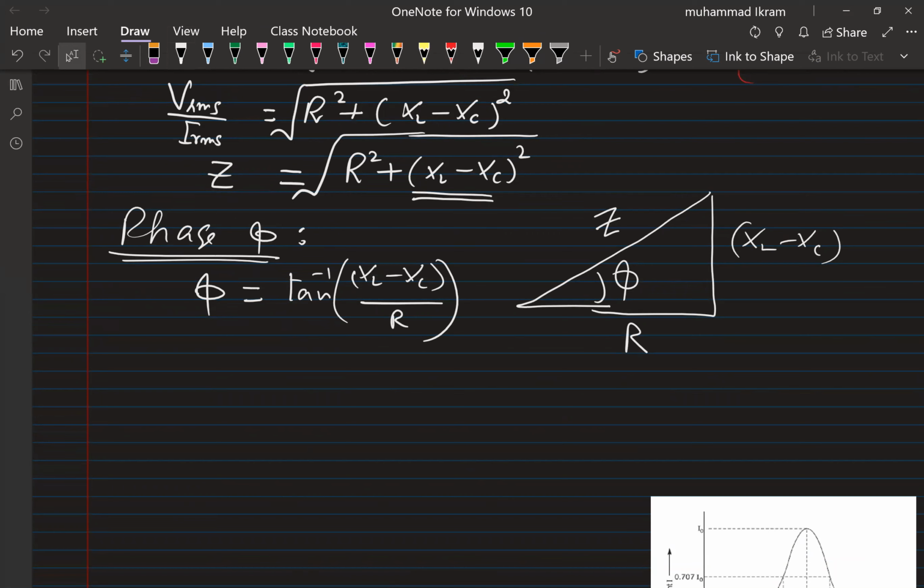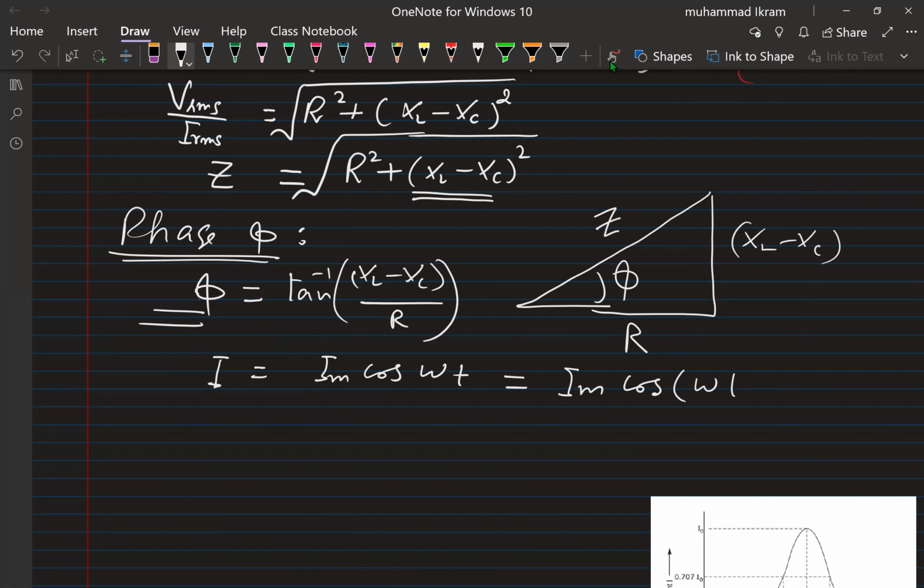If the current is represented by the cosine function, then the current in the circuit will be very simple: I = Im cos omega t. And in terms of this phase angle, the total current that flows in the circuit will be Im cos(omega t plus phi).